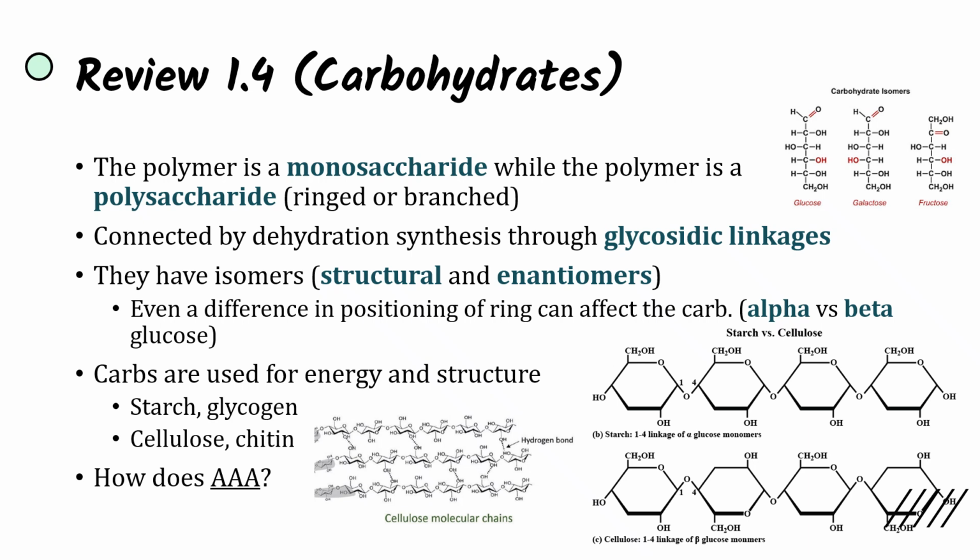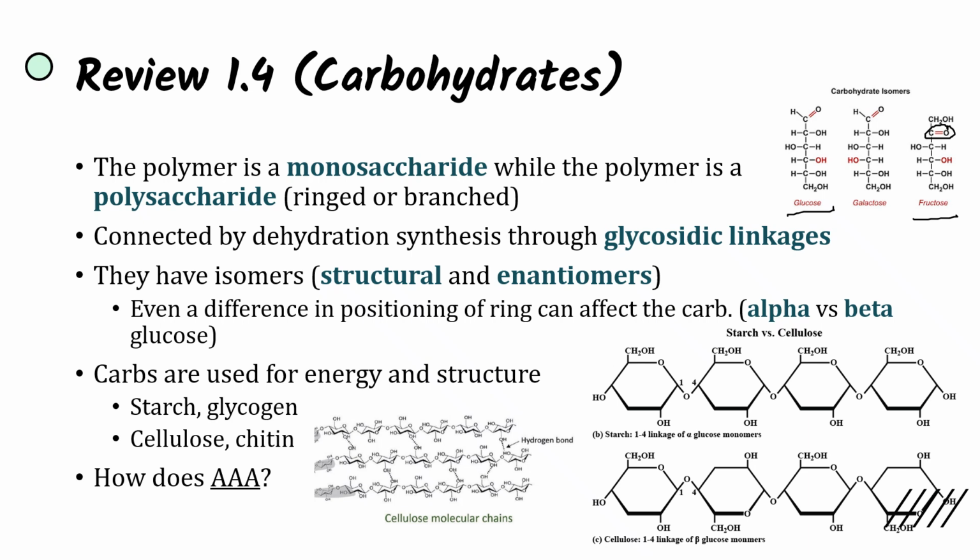They have isomers, which can either be structural isomers or enantiomers. Structural isomers are just bonds in different places. So if we look at the glucose and the fructose at the top right, we'll see that there's this carbonyl group that's in a different place. Here it's basically a ketone group, while in the glucose it's an aldehyde. So the chemical formula is the exact same, C6H12O6.